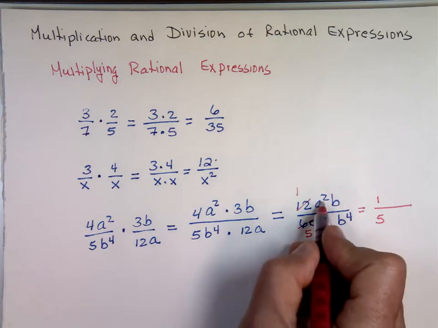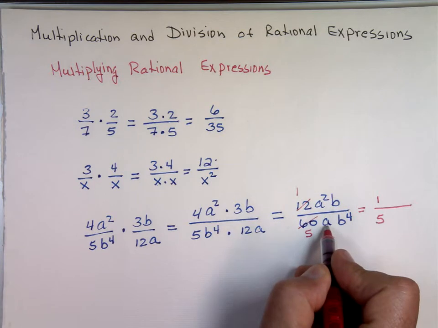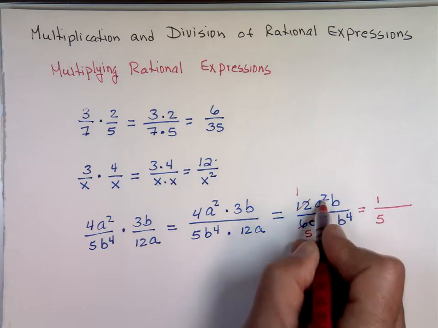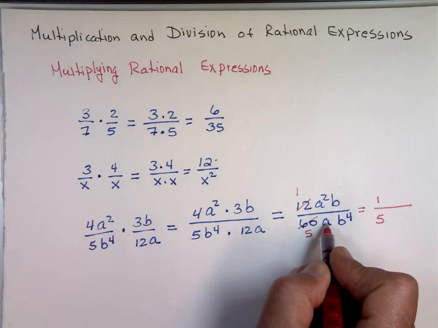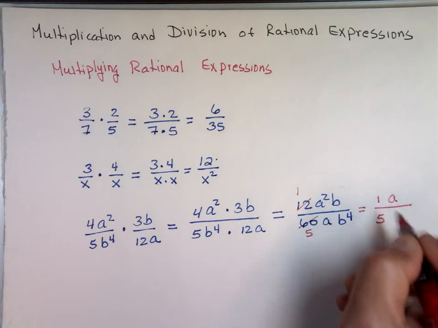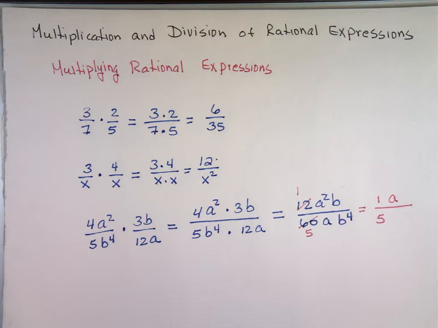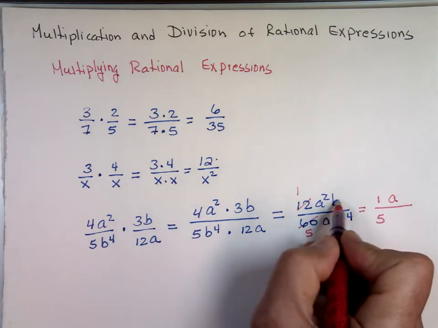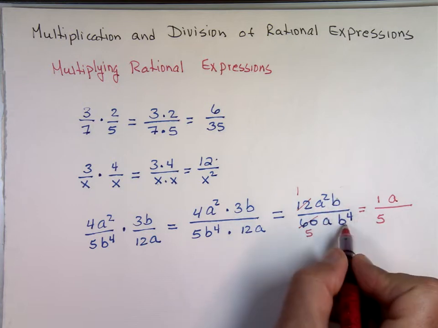You get 2 a's on the top, 1 a on the bottom. The 1 on the bottom will cancel one of the ones on the top. It's going to leave me with 1a. We have 1b on the top, 4 on the bottom.